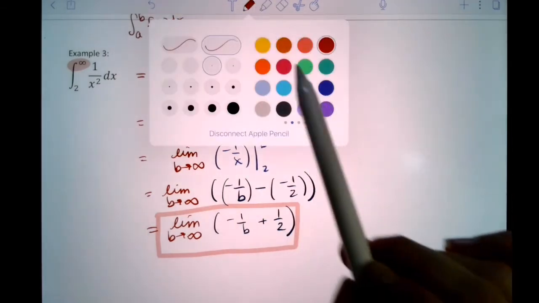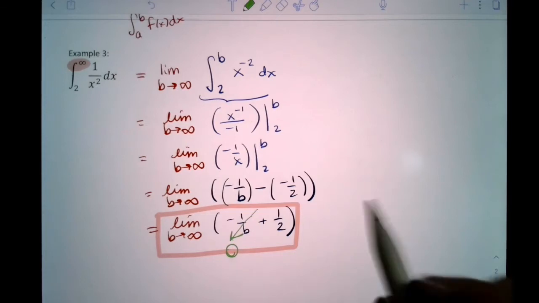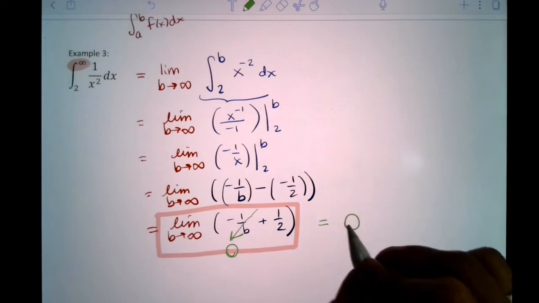So I have the limit as b goes to infinity. Imagine b going to infinity, getting bigger and bigger and bigger, like 10, 100, 1,000. Negative 1 over something going to infinity is just going to 0. We know that from basic Calc 1. So I can evaluate this. I know that that first term tends towards 0.